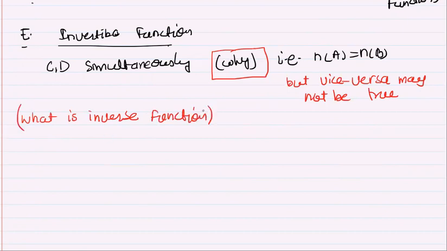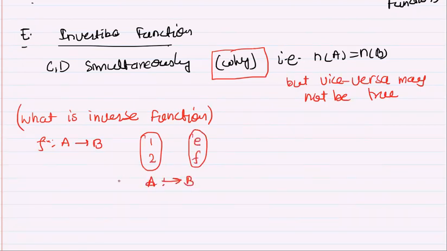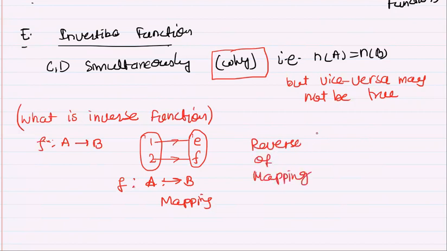If you know what an inverse function is, then only you can understand these two criteria, C and D. So if you know the function A to B, suppose set A has 1, 2, and this is e, f, and this is set B, like this. So this is the mapping. The reverse of the mapping will give you the inverse function.